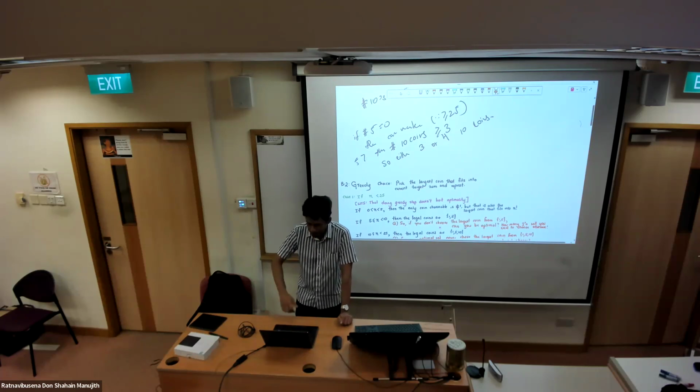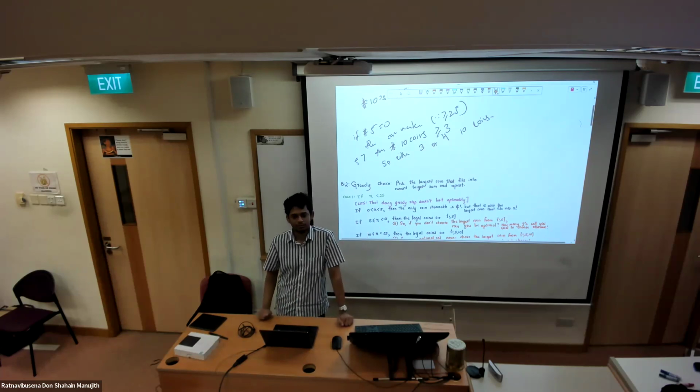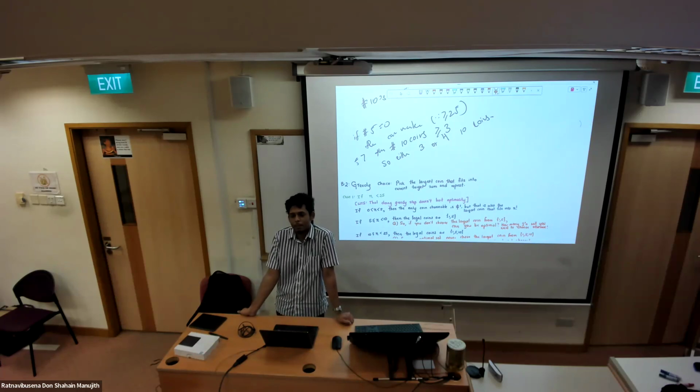Now n is at least 10, strictly less than 25. At most, how many 1 coins can the optimal solution choose? Can it choose at least 5 1 coins in the optimal solution? No. Why?